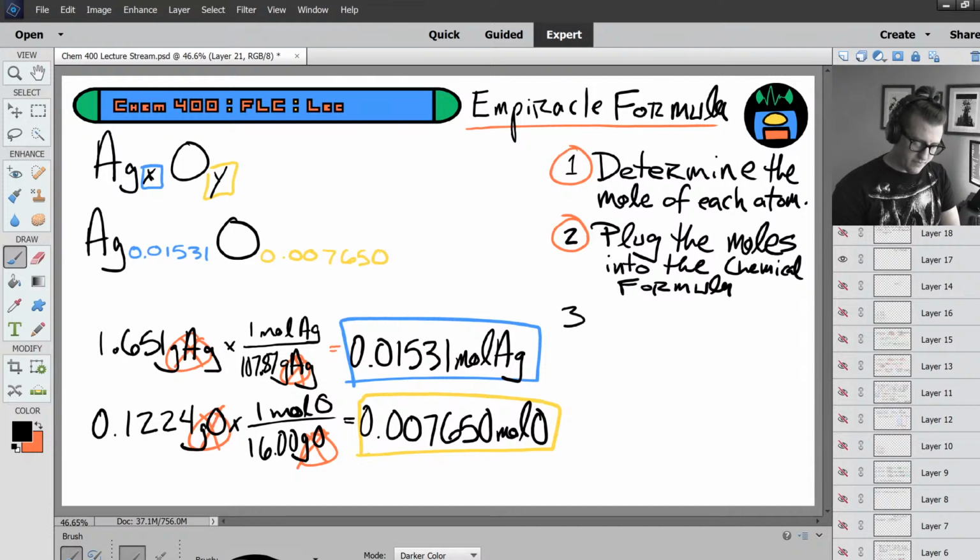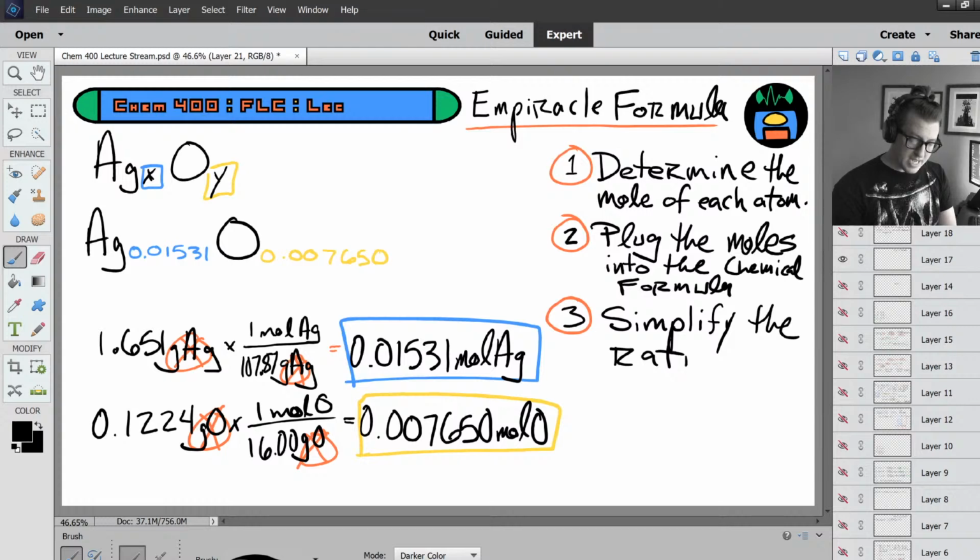Step number 3 for determining the empirical formula, after you plug in your moles to the formula, is simplify. Simplify the ratio. The empirical formula, as I stated at the beginning of this problem, is the simplest whole number ratio between elements in a compound.